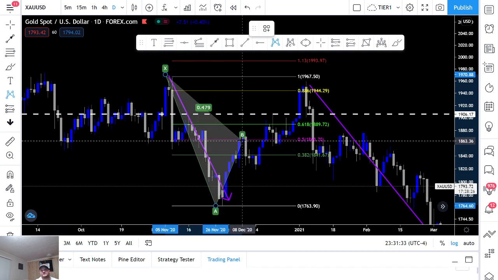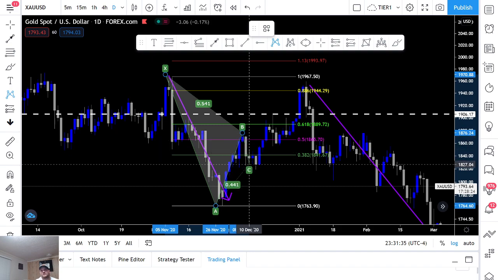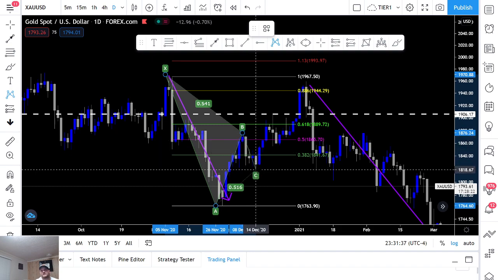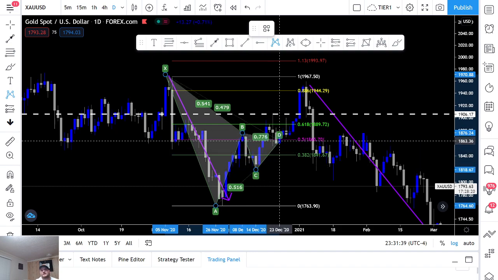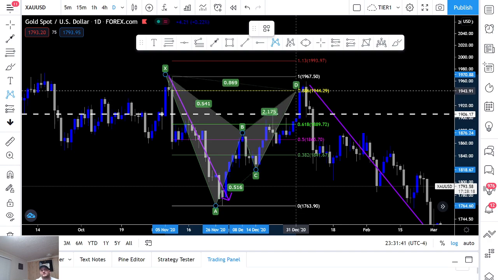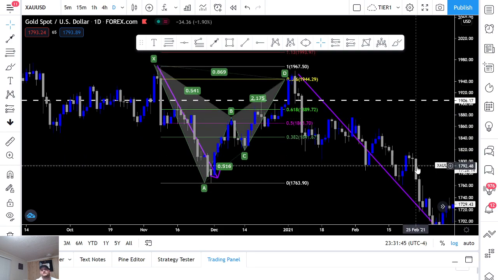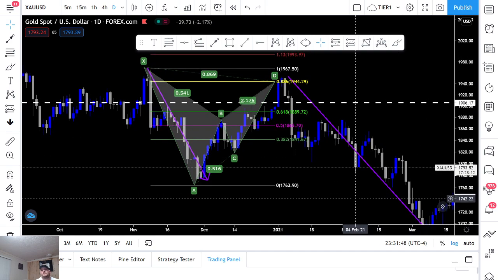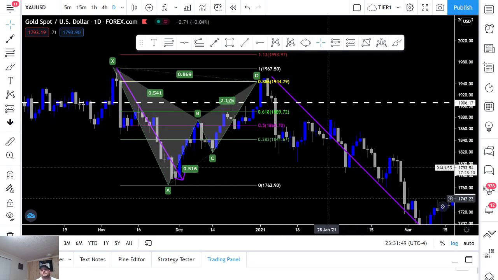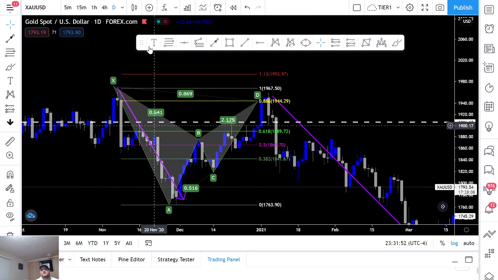We got a retracement to the 50%. We got a 38.2 right here. And we got an 88.6 up here. This is the one I seen. This is a bearish bat.